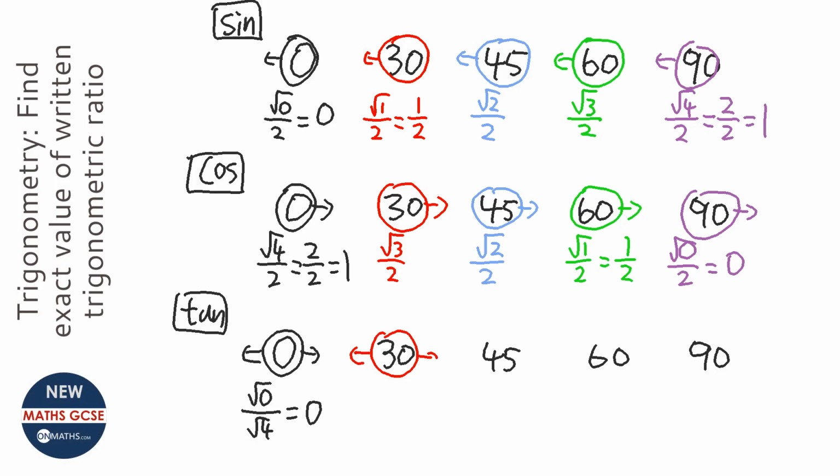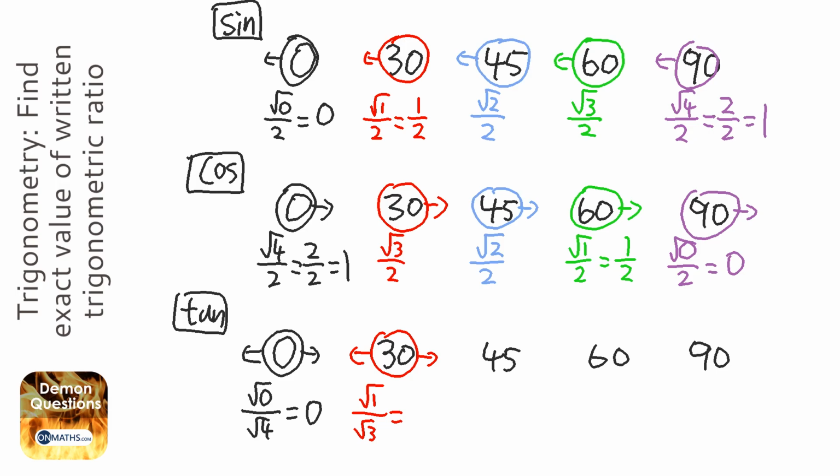Okay, let's do tan 30. There's 1 number on the left, over the numbers on the right, so root 3. So that's going to be 1 over root 3. Be careful with this one, because you might look at revision guides and they might put the answer as root 3 over 3.